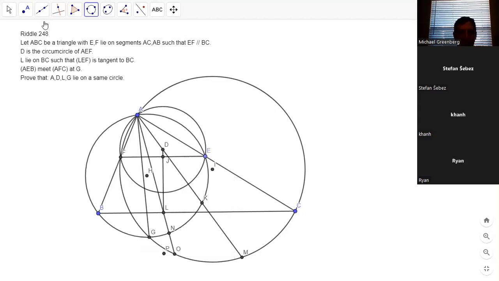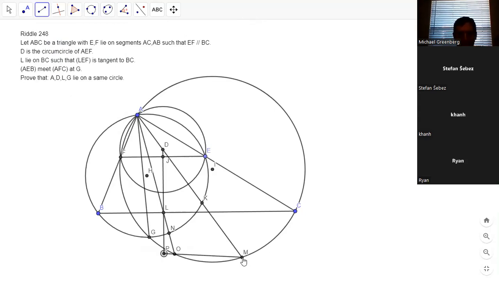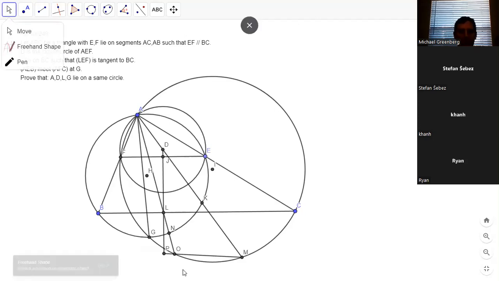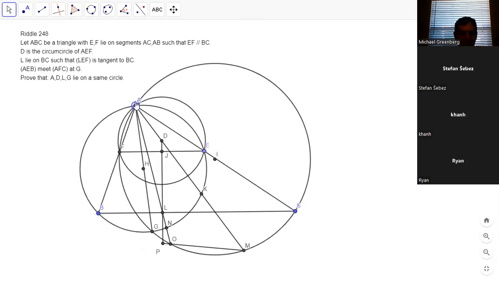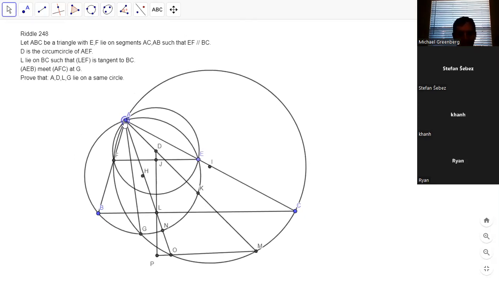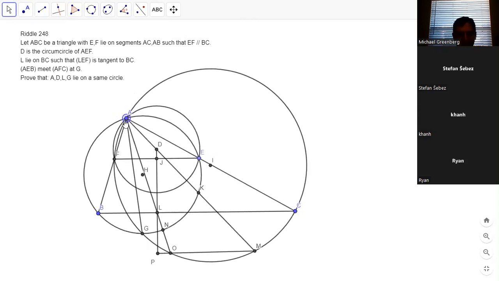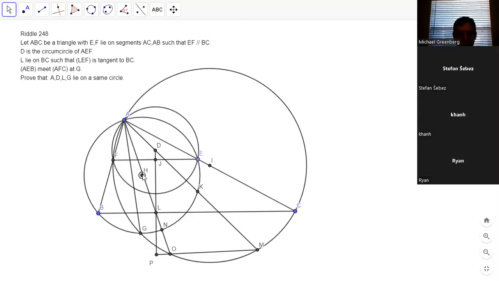So yeah, something's going on here. And all the points are so close together, maybe it'll help if I move stuff around. I'm going to delete H and I for now.